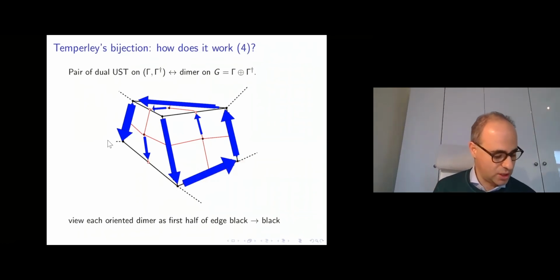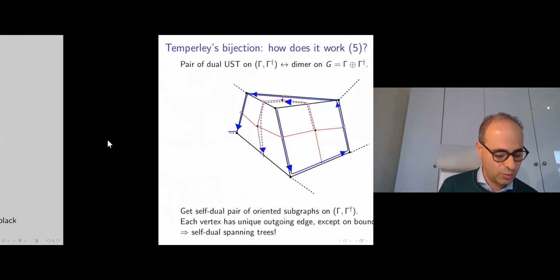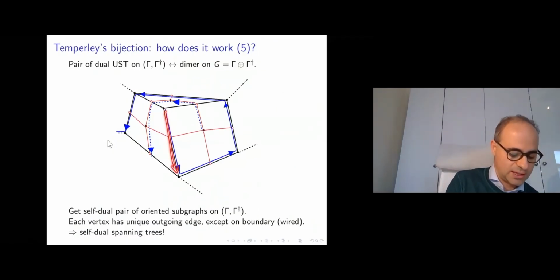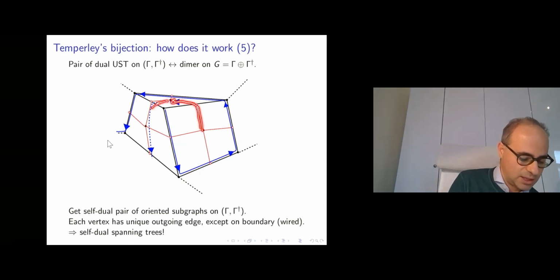I've done it here on the primal graph, but I can also do it on the dual graph. And when I do it on the dual graph, this is what I get: these edges from black to black. So there was a dimer here, and it's been replaced by this doubled edge, and likewise, this is what we get.